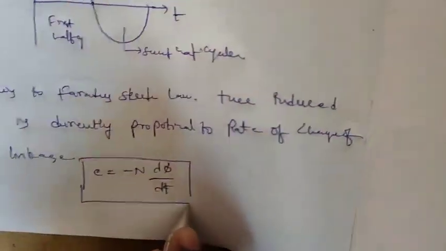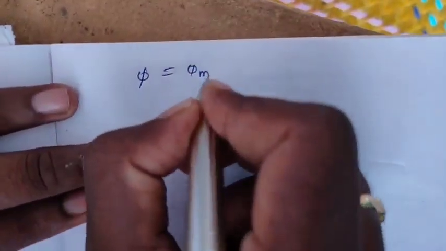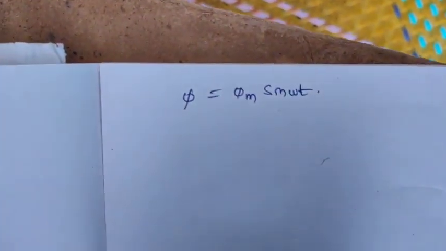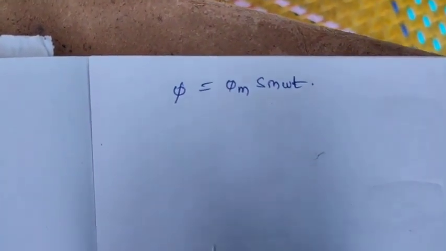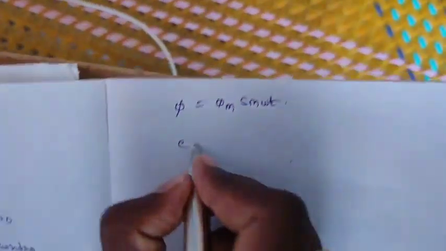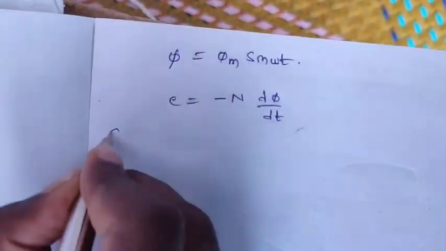The flux Φ equals Φm sin omega t. The induced EMF E equals minus N dΦ by dt.